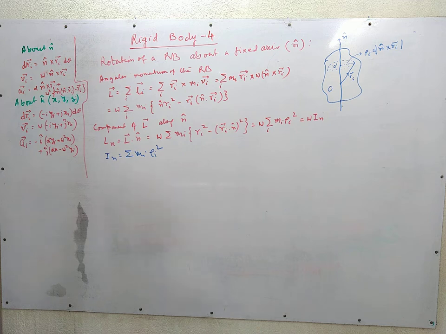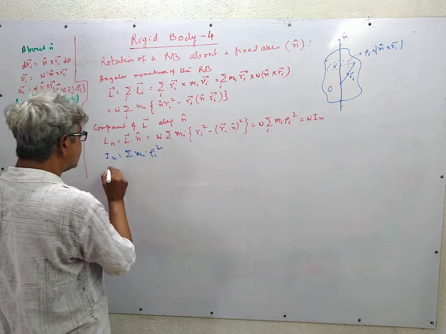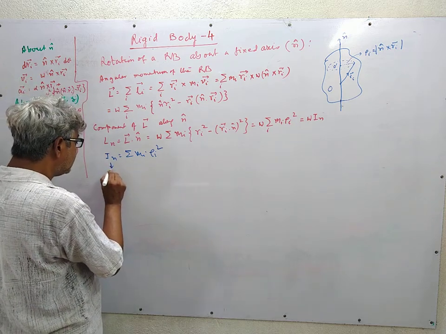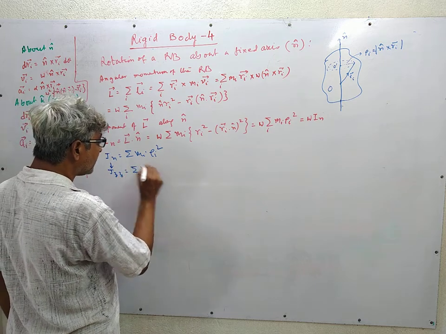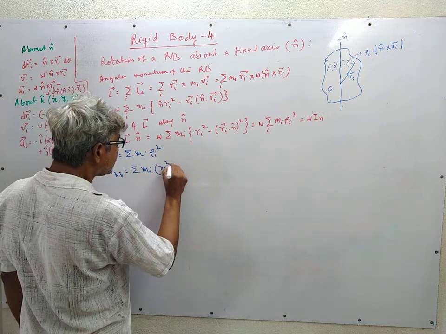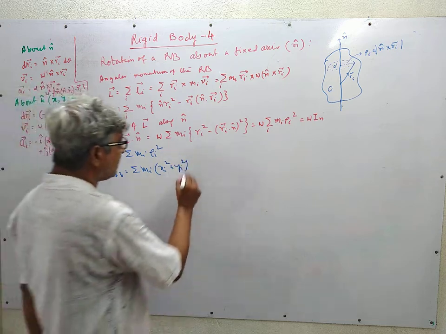If we assume that the rotation is taking place about the z axis, this reduces to Izz equal to summation over i of (xi square plus yi square) for rotation about the z axis.